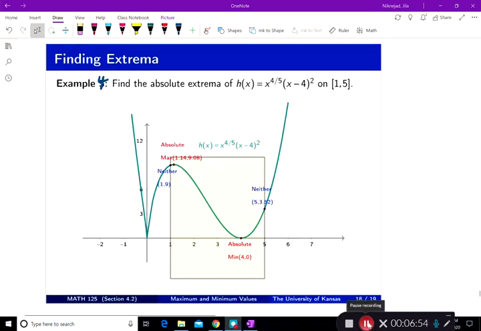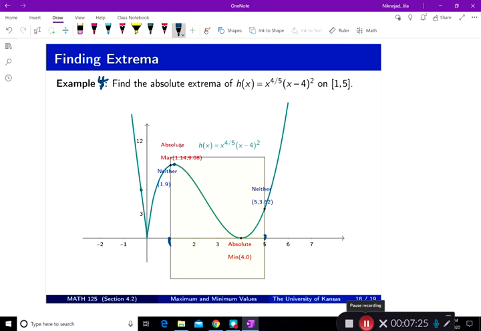Now let's look at this picture. Green is the function h of x equal to x to the power 4/5 times (x minus 4) to the power 2. And this yellow rectangle signifies that we're staying within the domain 1 to 5. If you look at this, there is this little red point up there that you wouldn't have caught if it wasn't for the calculus.